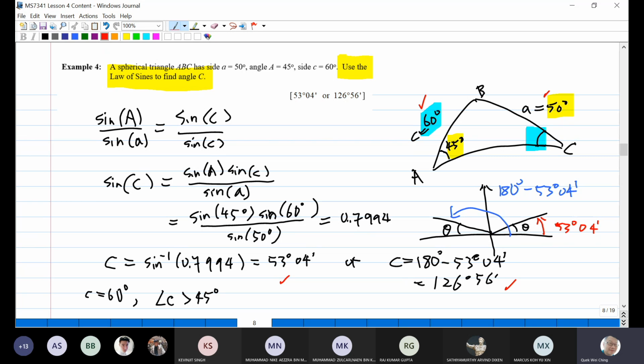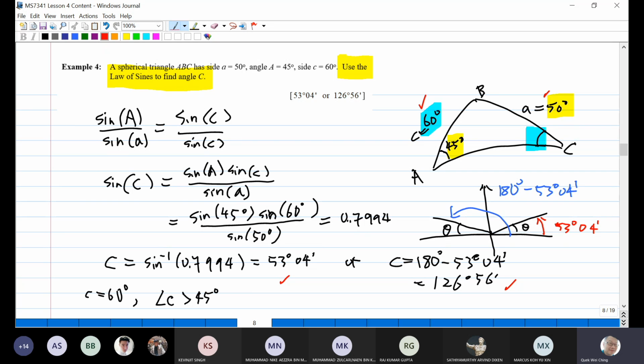The bigger the angle, the longer the side. Now the side is 60 degrees, so we know that the angle C must be more than 45 degrees now. So we have 53 degrees, which is okay. The other one is also more than 53 degrees, which is 126.